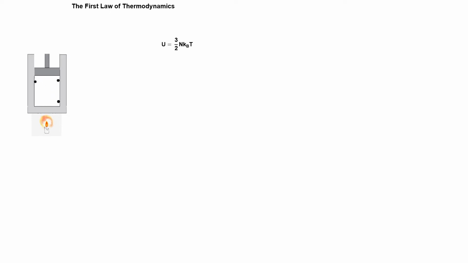The temperature difference will cause a flow of energy, heat, from the hotter body to the gas, thus increasing the internal energy of the gas. The other way of changing the internal energy of the gas is to push the piston down, that is, to do work on the system.